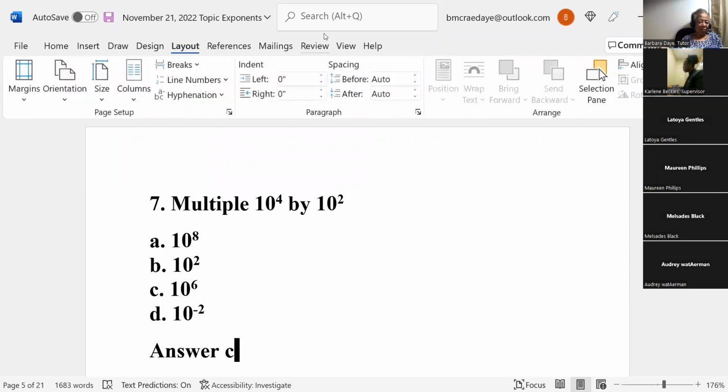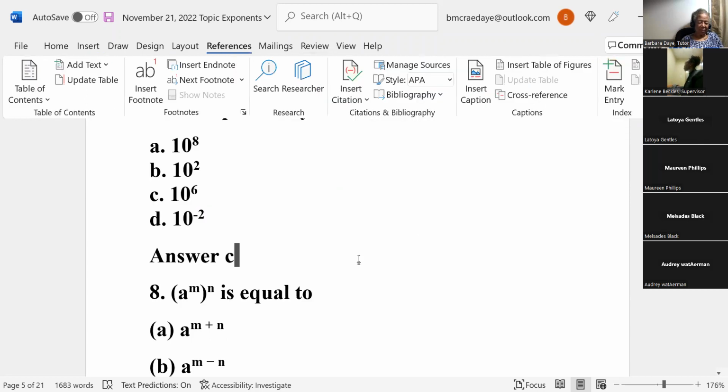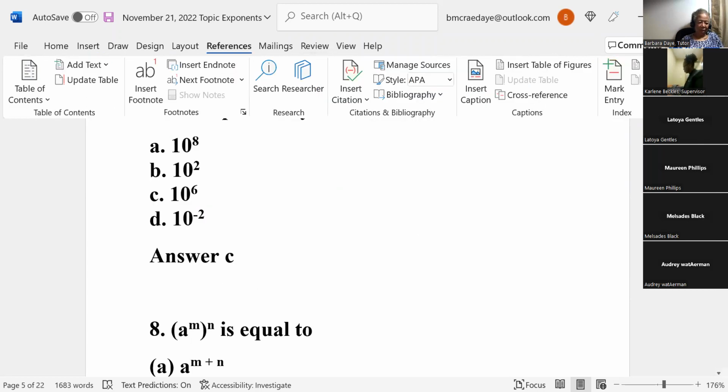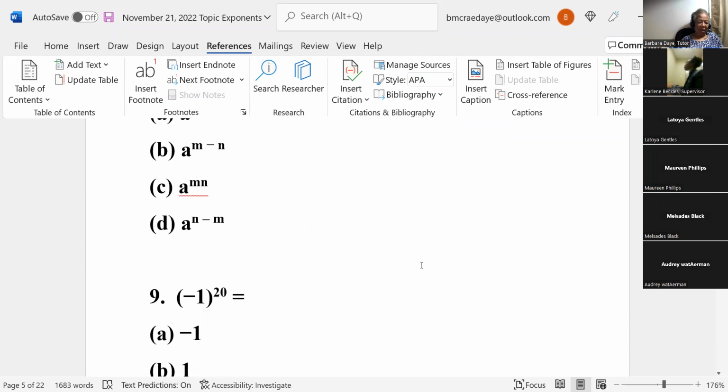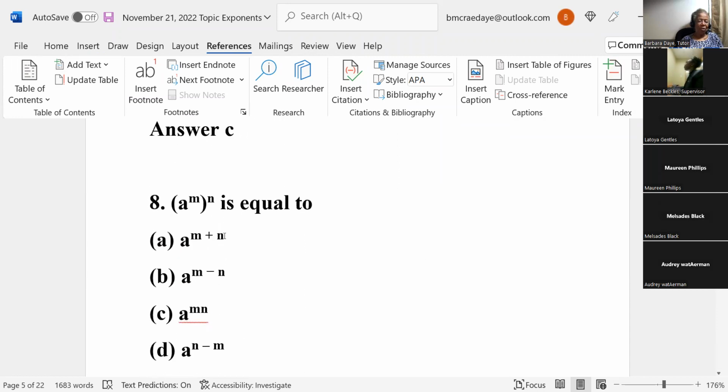All right, let's go to number 8. Now, when you looked, did you look in your exponent tables of rules? When you have a power raised to a power, what do you do to those two powers, Maureen?